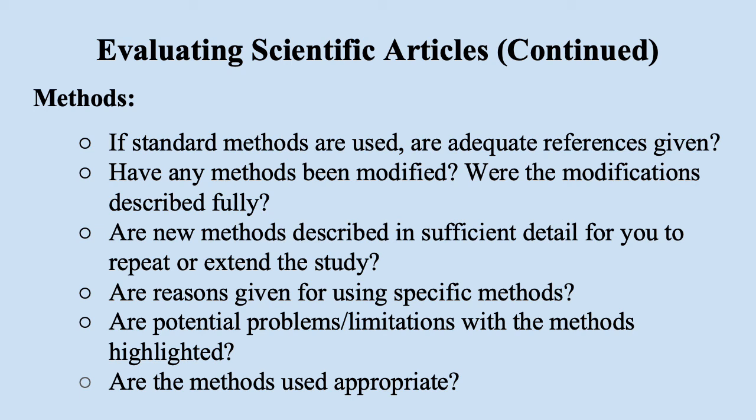If any methods have been modified, you want to make sure that they are fully described so that if someone were to replicate the experiment, they would be able to do so. You want to make sure that they're justifying why they're using specific methods, particularly if they're using an unconventional methodology. You also want to see if there are any potential problems or limitations to the methods, and if they are, have they noted them? And finally, you want to make sure that the methods they're using are appropriate.